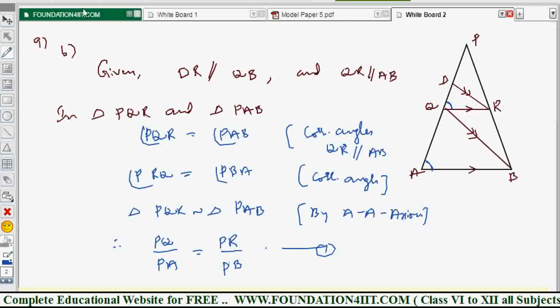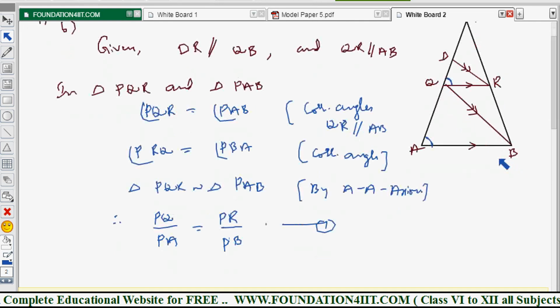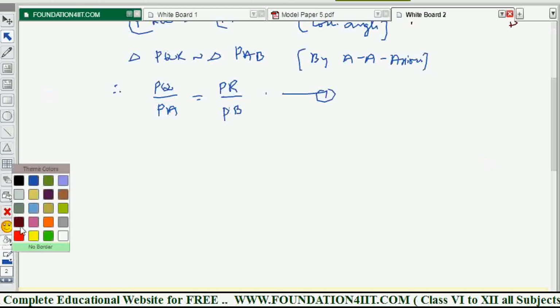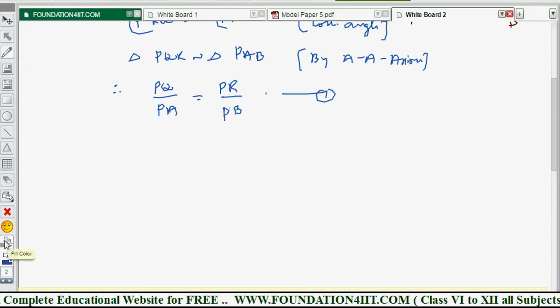Now the other two triangles. If you observe, one is triangle PDR and the other is triangle PQB, because DR and QB are parallel. That's why I'm going to prove triangle PDR and triangle PQB similar. Again, in triangle PDR and triangle PQB, these two triangles have the same corresponding angles, because angle PDR is equal to angle PQB.